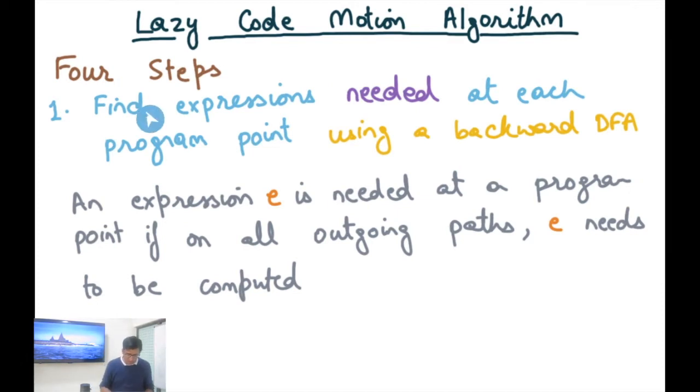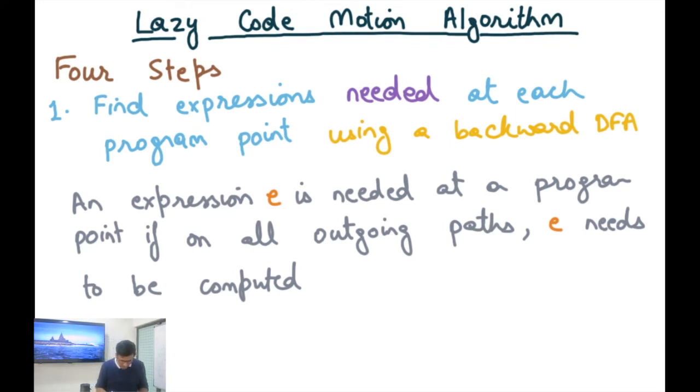Our first step is going to be to find expressions needed at each program point. So what do I mean by needed? An expression E is needed at a program point if on all outgoing paths E needs to be computed. So E needs to be computed on all outgoing program paths if E was being computed in the original program on all outgoing program paths.